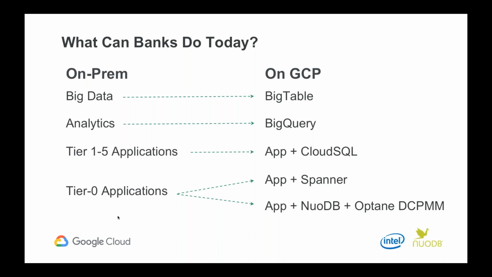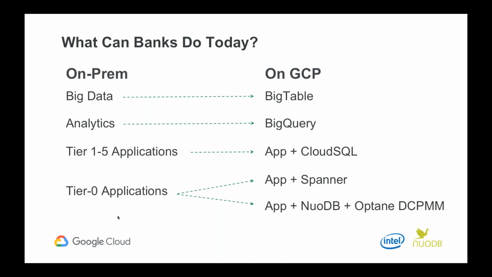Specifically, what NuoDB is used for today is moving, as I said, mission critical transaction processing applications. Today, those are generally housed by three technologies. It's Exadata, it's Oracle RAC, and it's IBM mainframe with DB2. Those are the technologies that need to be reframed and rethought as they move towards the cloud architecture.